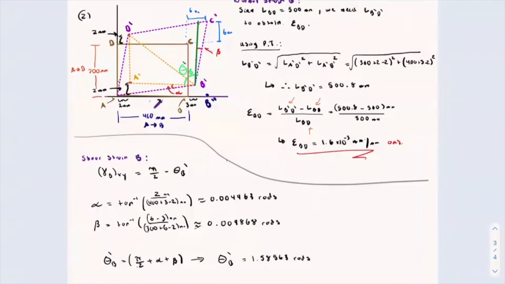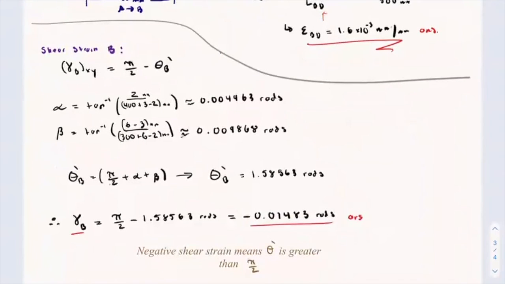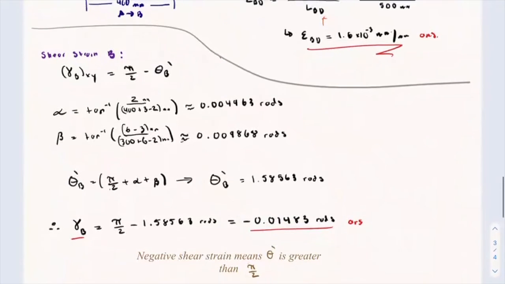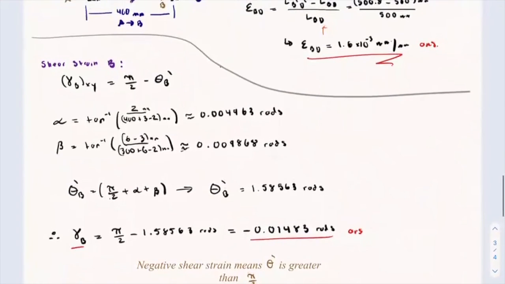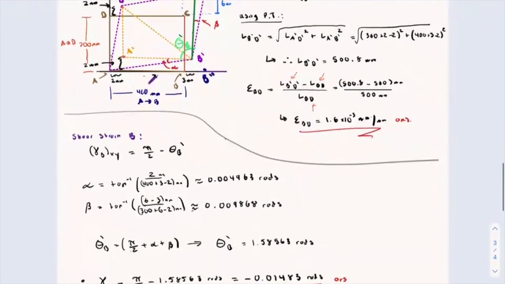Now we have to do shear strain for corner B. We use the equation for shear strain, which is pi over 2 minus theta. And we have theta prime as pi over 2 plus alpha plus beta.